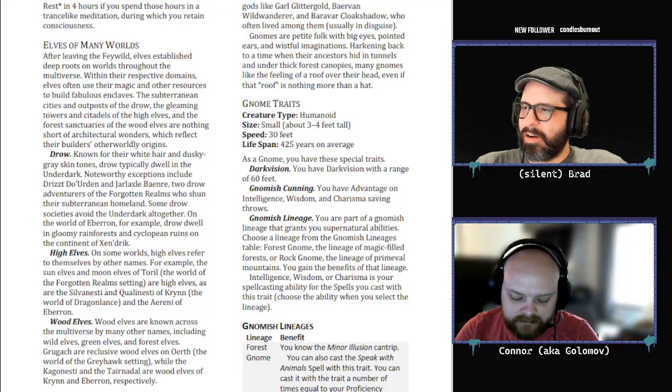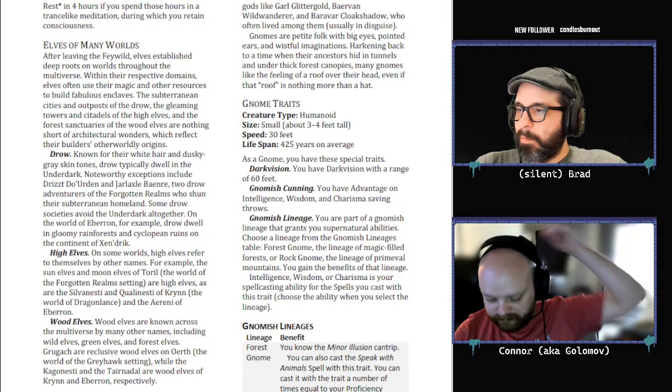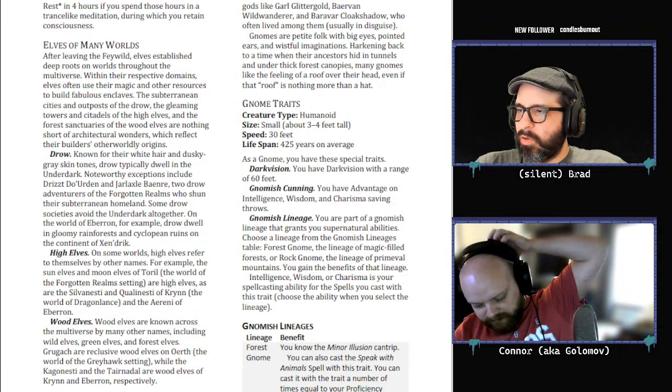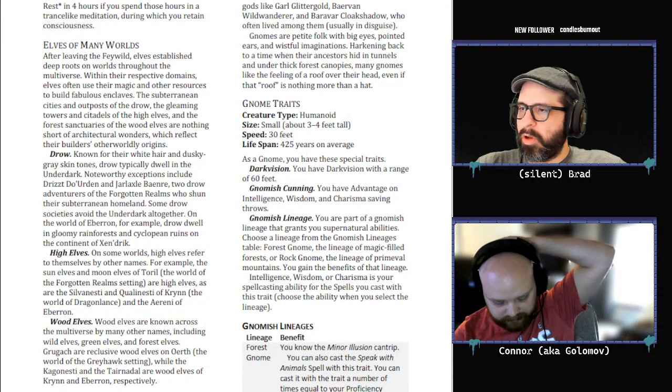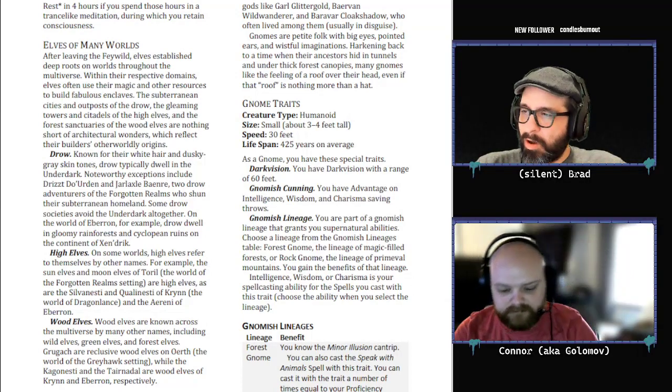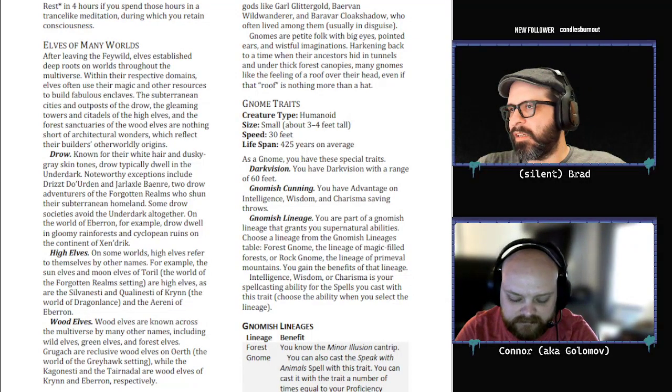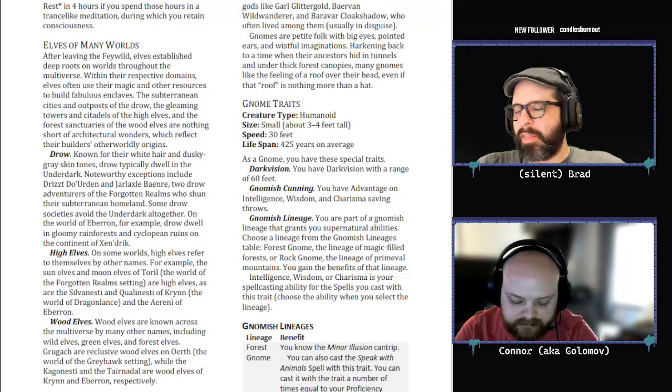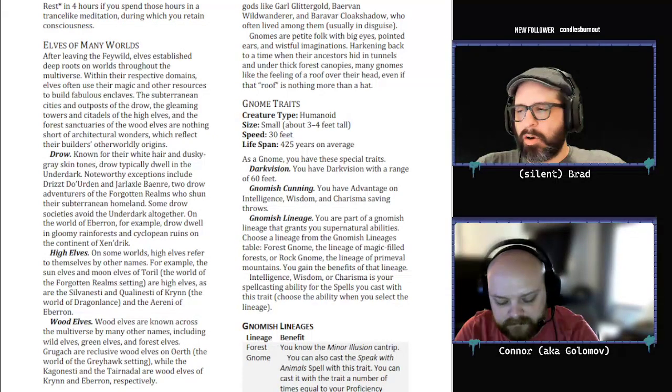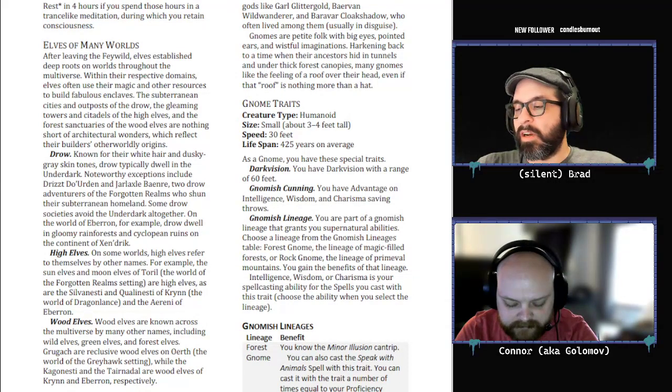Known for their white hair and dusky gray skin tones, drow typically dwell in the Underdark, other than Drizzt and Jarlaxle, and some avoid the Underdark on Eberron. The drow in Midgard are still in the Underdark, but that's not an official setting anyway.